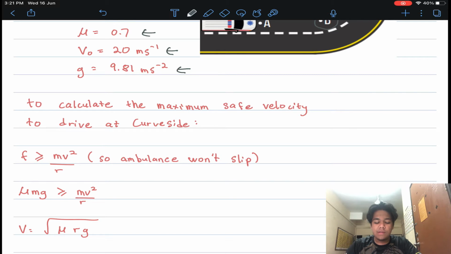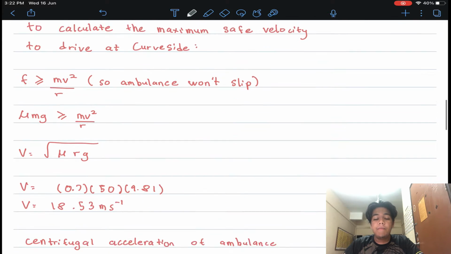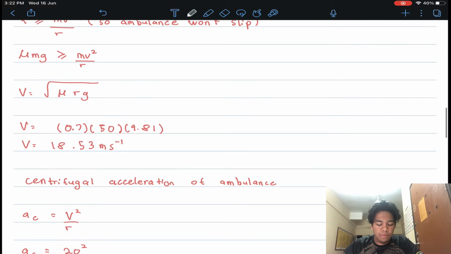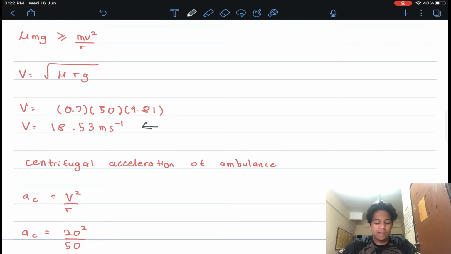And then we use those numbers to calculate the maximum safe velocity using F greater than mv squared over r. This is because if the ambulance exceeds the maximum speed, the ambulance will slip out. And then after replacing the numbers, we get the velocity is 18.53 meter per second.